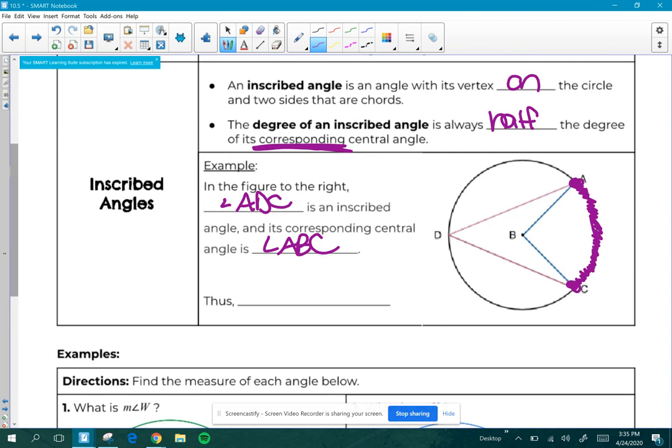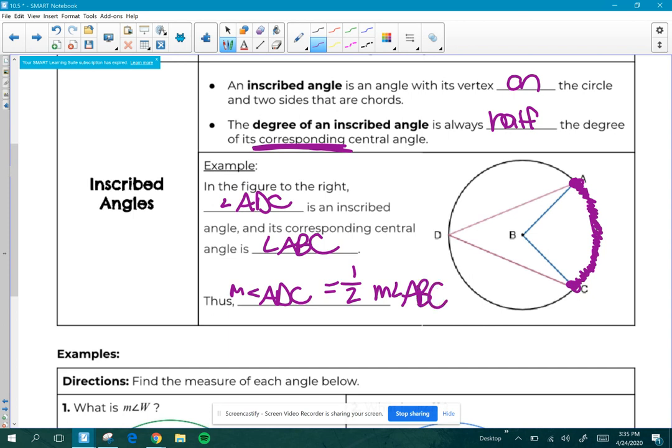Now, because I know that these two coincide, I then know that the measure of angle ADC is equal to half the measure of angle ABC.